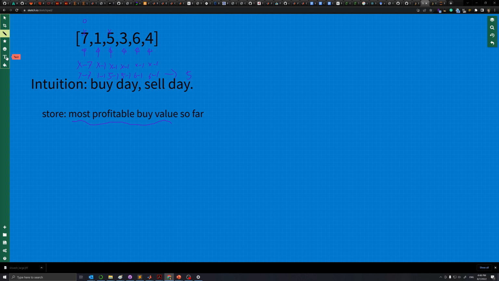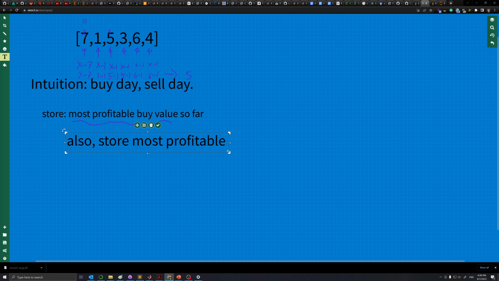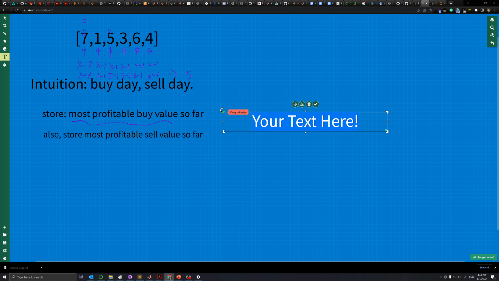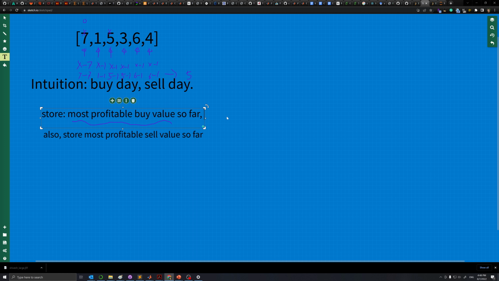So how many things do we need to store for this heuristic? Also store the most profitable sell value so far. So we're gonna store two arrays. We're gonna call these v best buy and v best sell.